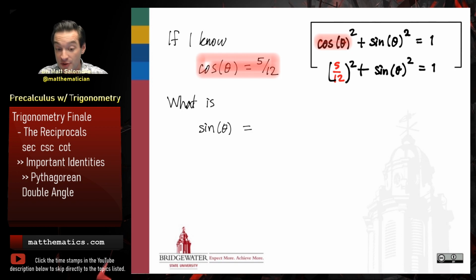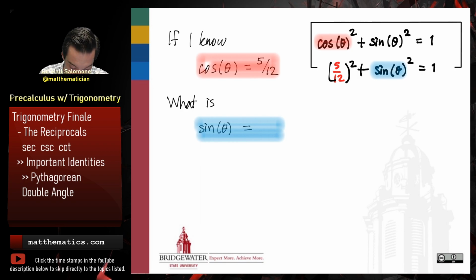And now all I have to do is to solve this equation for the sine of theta. If I can get sine of theta by itself, then I have finished with this problem. And the sine of theta that's unknown is sitting right there. So we'll just do what we always do and solve this equation.